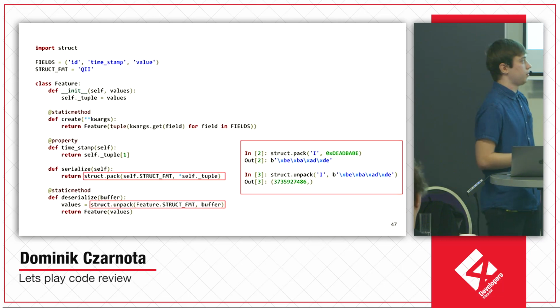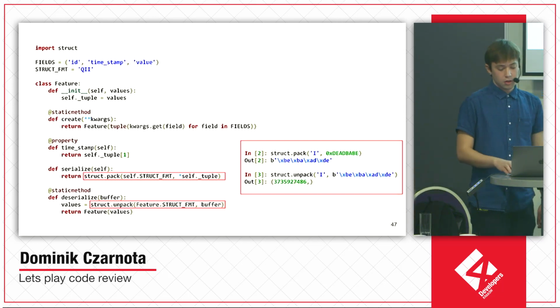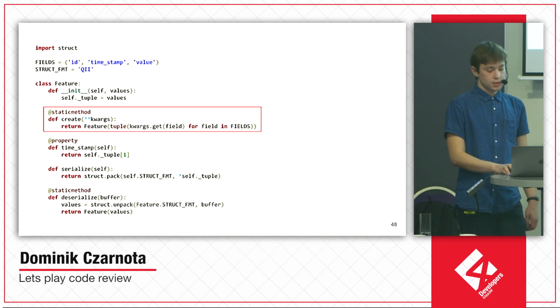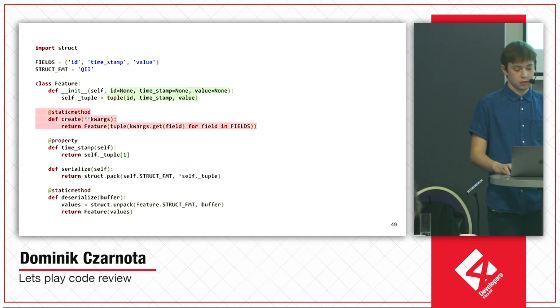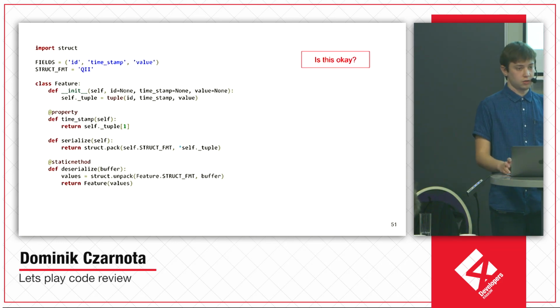Here is an example of packing and unpacking an integer of 32 bits. As I said, this create method could probably be just changed into the init method, which was probably obvious. Another thing is, do you think it's okay here?